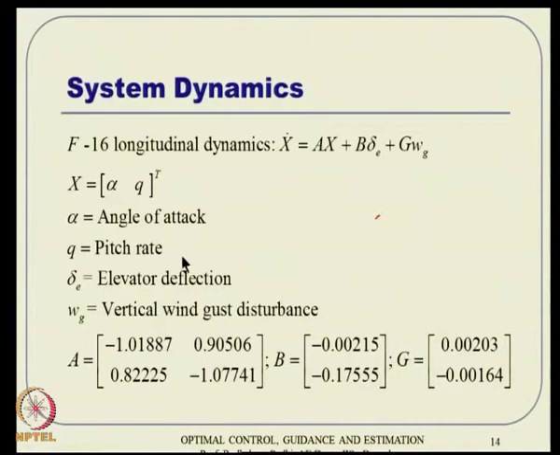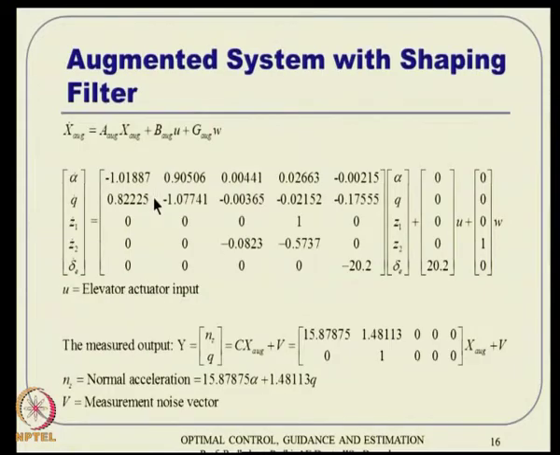So, even though it started with 2 states, eventually it will end up with some sort of 6 states. Again I repeat, sometimes this is not preferable, you just put it as 4 states, because this will also talk about realization of actuator state now, this delta E, if you put it this way. For actuator state realization, we also need a sensor for that, and especially in aircraft-equipped actuators, the delta E information is available.